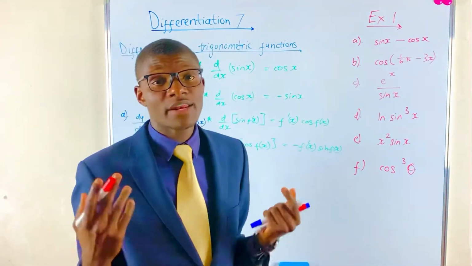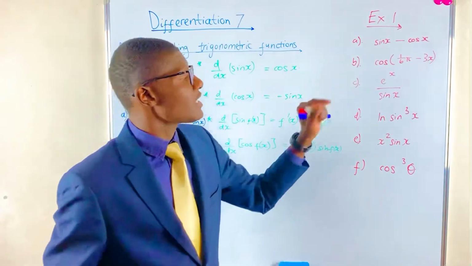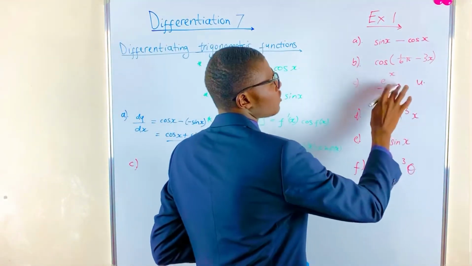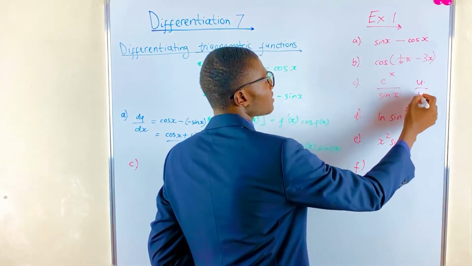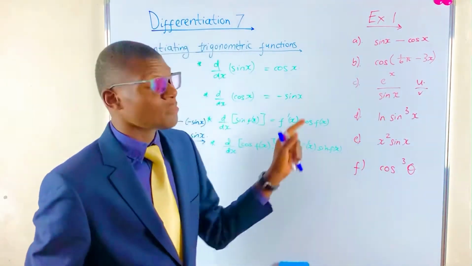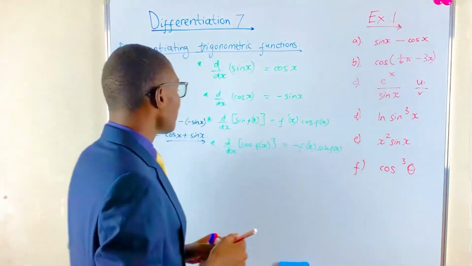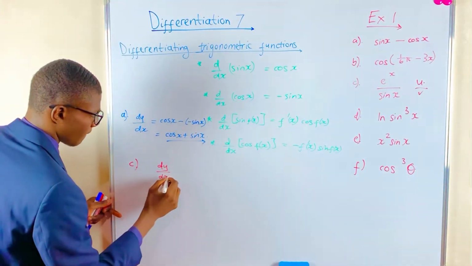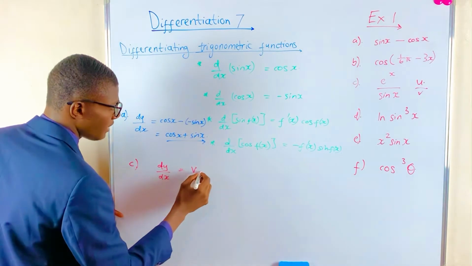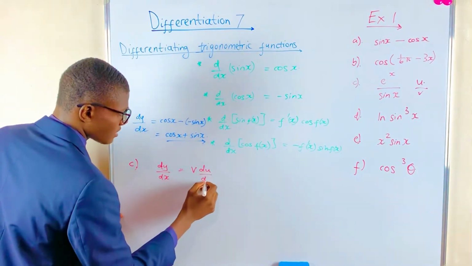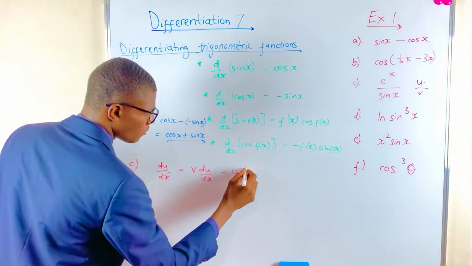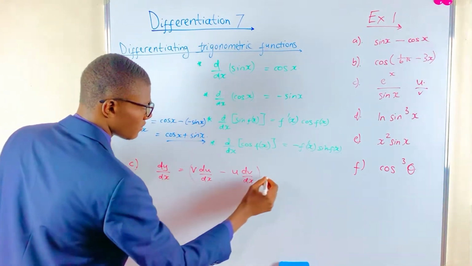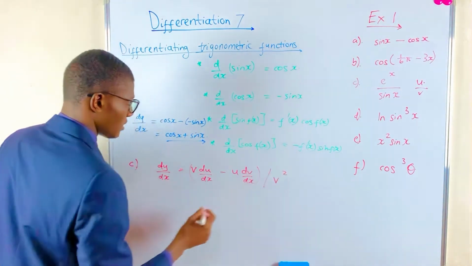So we want to find our dy by dx, but we see that this is a quotient, whereby our u is the numerator, e to the power of x, over v, the denominator sine x. And we say that dy by dx for the quotient is given by v du by dx minus u dv by dx all over v squared.